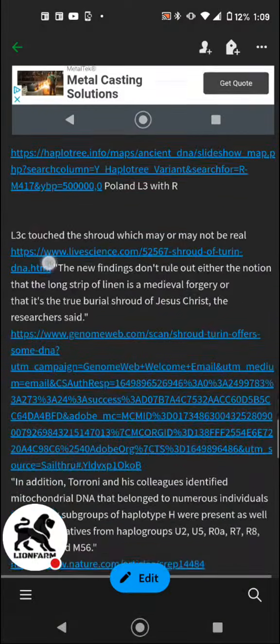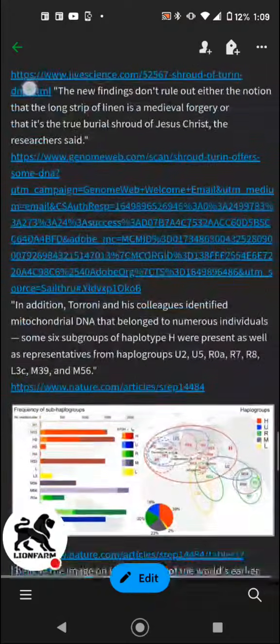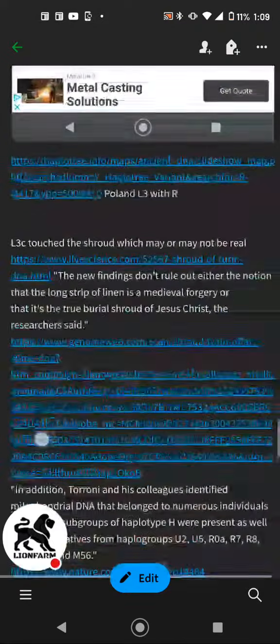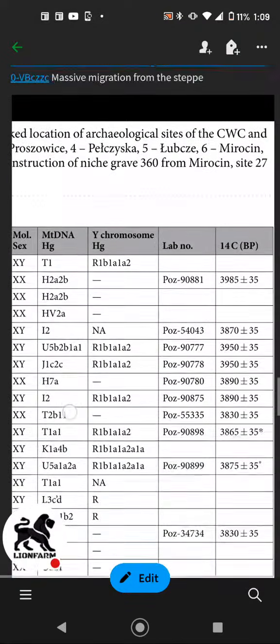This is something else that I was looking at, where I found some interesting things with that Shroud of Turin thing. I'll talk about that later maybe. But I'm going to go to the actual paper with the little fossils.